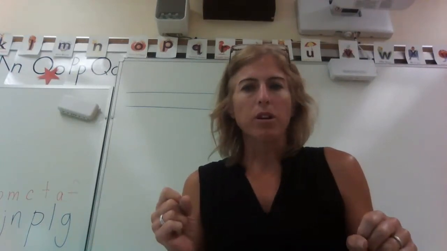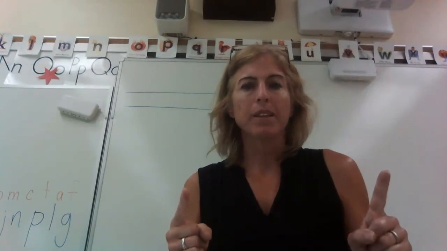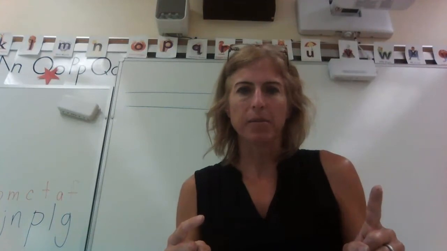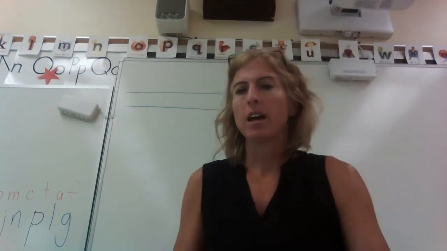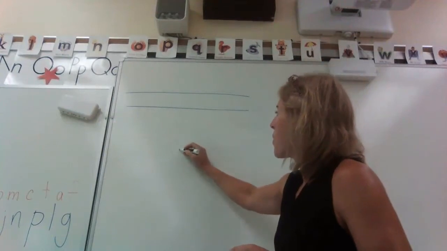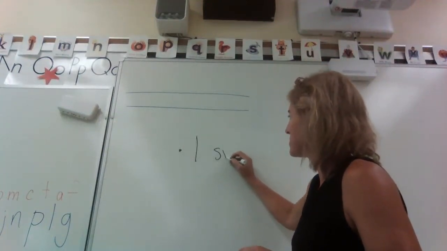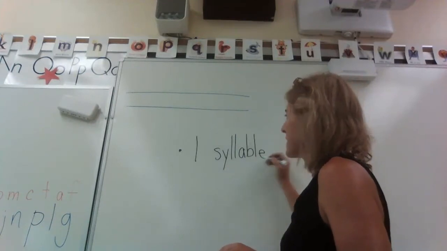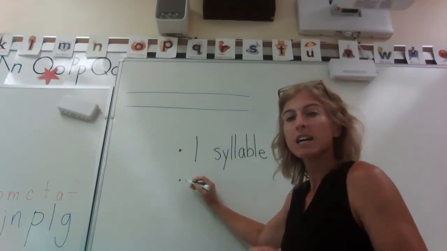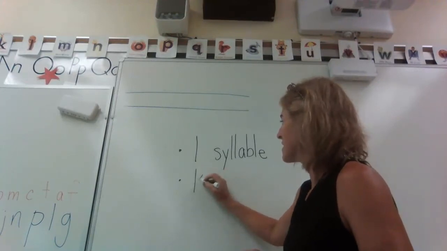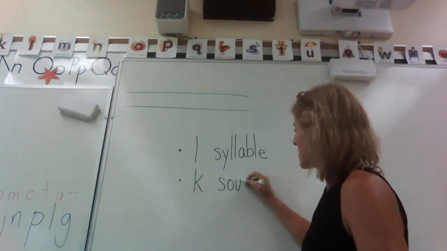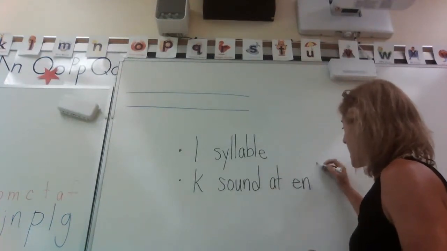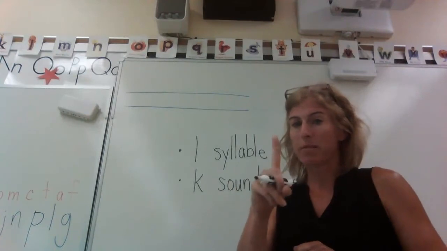I have a word, and it's one syllable, and it has a k sound at the end. This is tricky. I have one syllable, it has the k sound at the end, and there's one more thing about this rule.